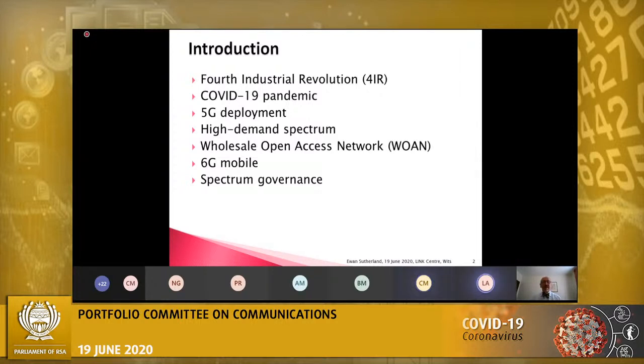Okay, let's proceed. Right, let's go through this fairly quickly. So that's just a list of what I think are current issues: Fourth Industrial Revolution, COVID-19, 5G deployment, high demand spectrum, WOAN, 6G, and spectrum governance.